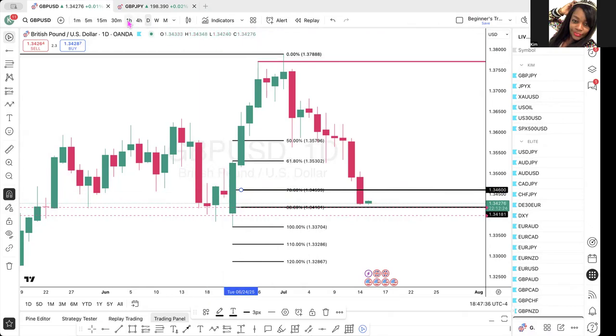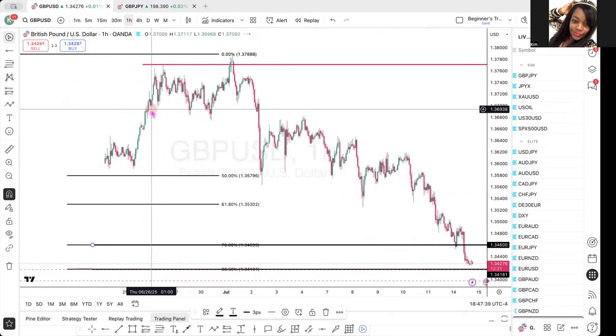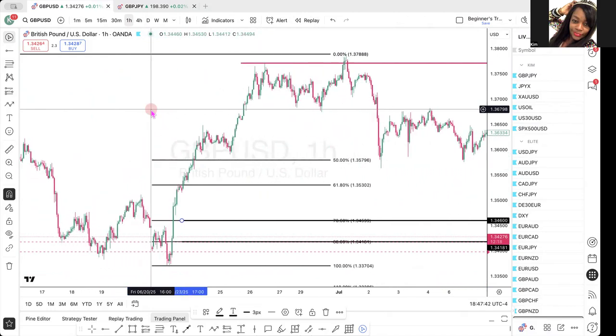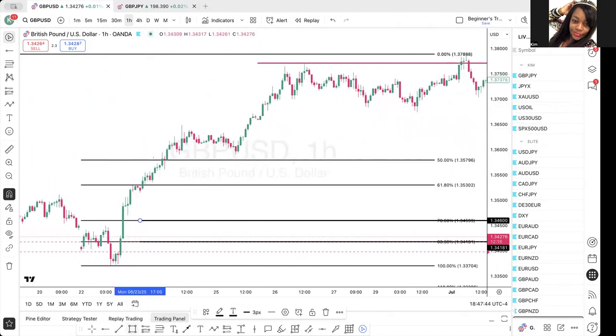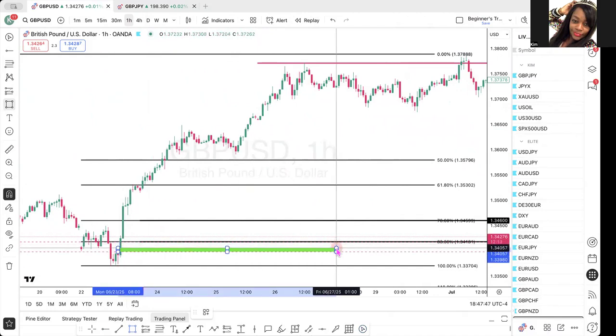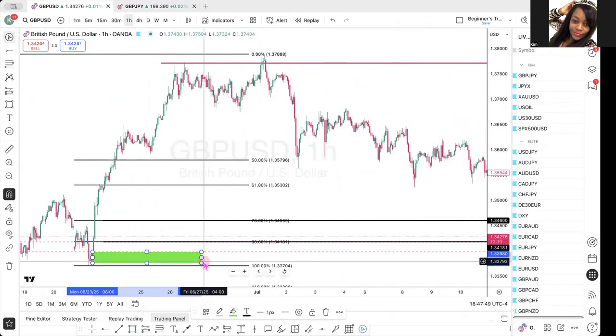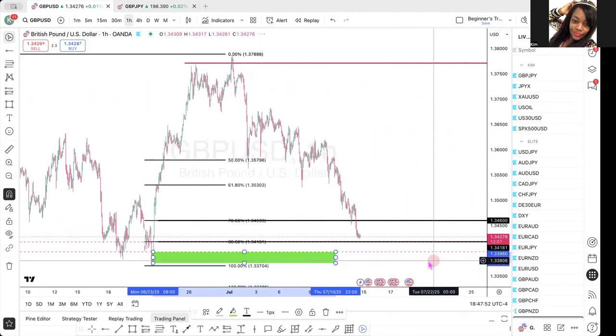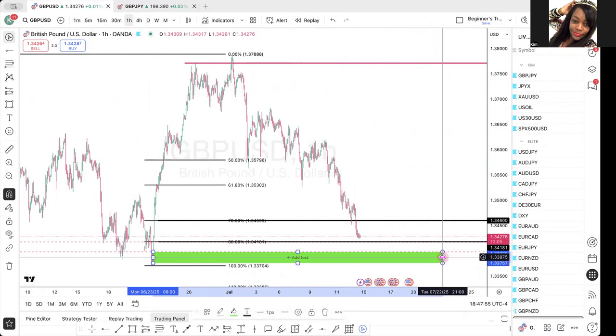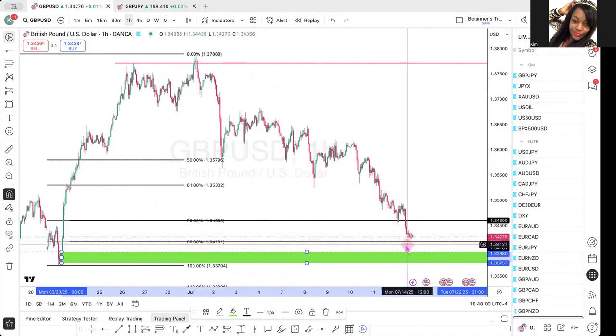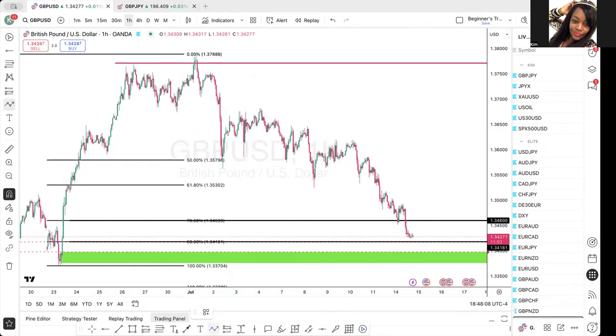So if you now go down in time frame to the 1 hour and you look for your demand zone, this is my demand zone. Okay. So I really want price to pull back to this zone. Now, if price gets to this 88, you can clearly see that the current internal 1 hour structure is this right here.